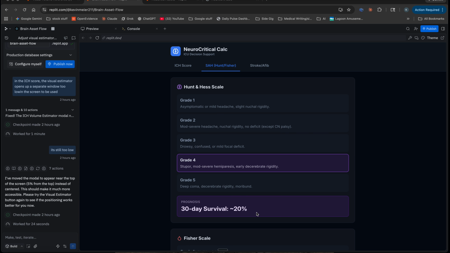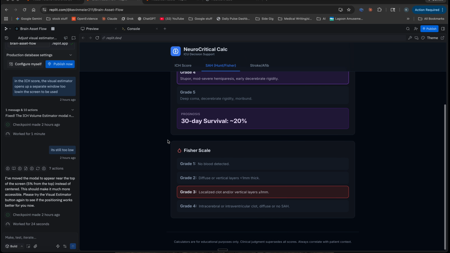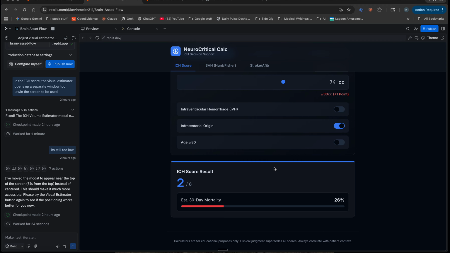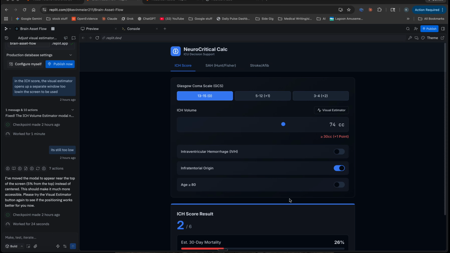Subarachnoid Hunt and Hess gives us a good kind of a survival rate, but for the Fisher scale, it gives us the Fisher instead of the modified Fisher, and it doesn't give us a vasospasm risk. For the ICH score, I mean, it's easy to click on the different components.